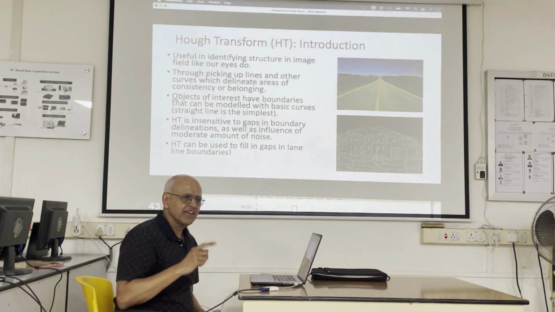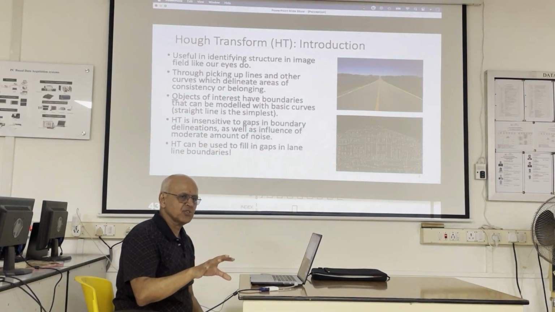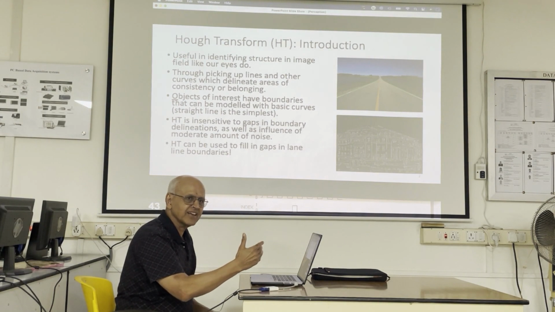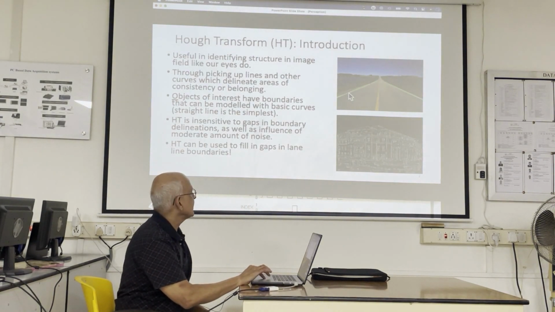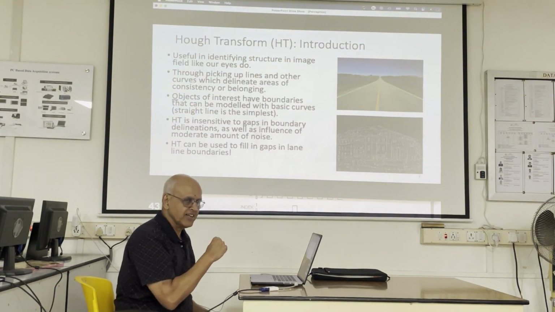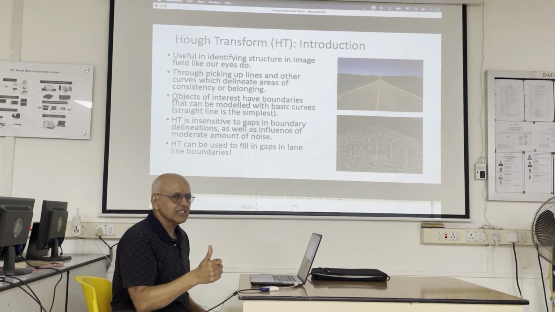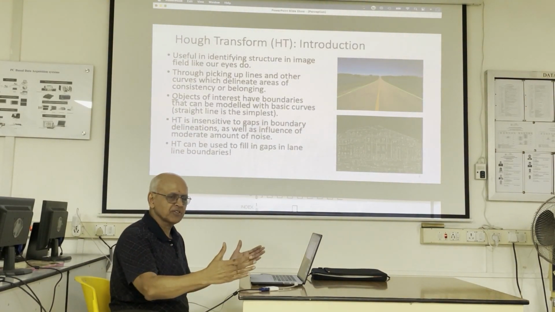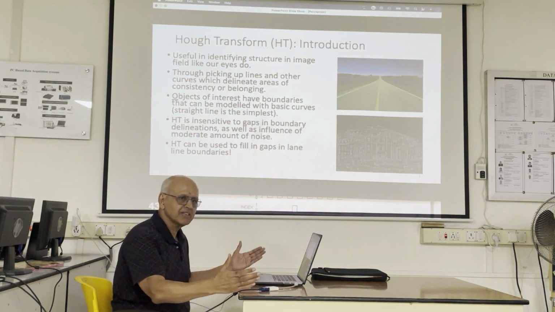And then it's for you to find the ones of interest to you. Now, you are not interested in the top of the tree line because your car is not going to drive there. You are interested in knowing these edges most importantly. And from all the lines the Hough transform technique picks out, you can use heuristics, common sense rules. You can say, okay, I'm on this road. I know the width of the road is maybe 5 meters.